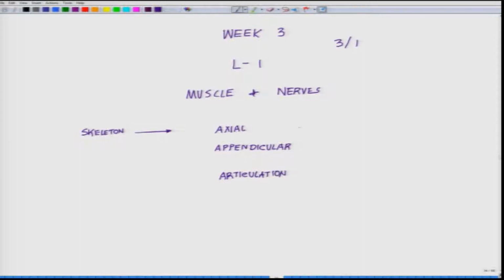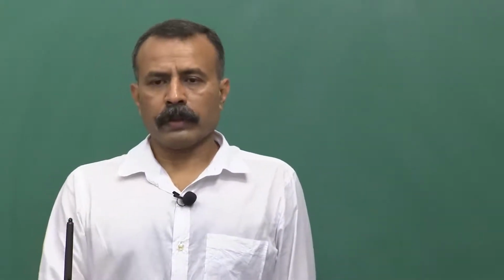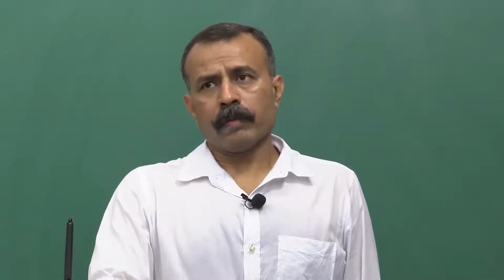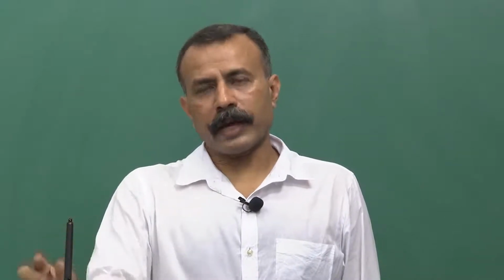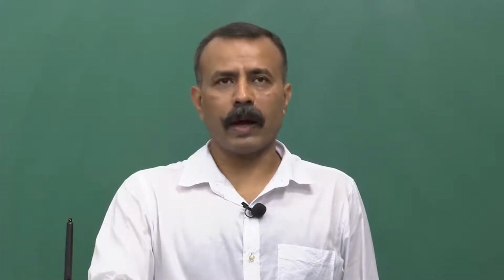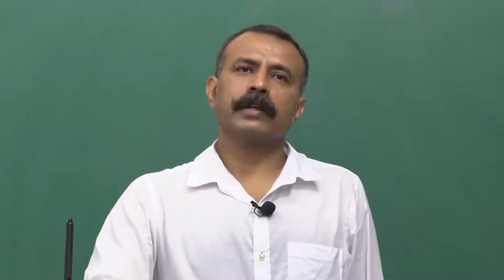So, these 2, axial and appendicular, are the broadest classification of the bones which are present in our body. The reason why I skipped it while teaching about the development of the bone is because there is another system which has a one-to-one correlation with the appendicular and axial system, that is called axial muscles and appendicular muscles.